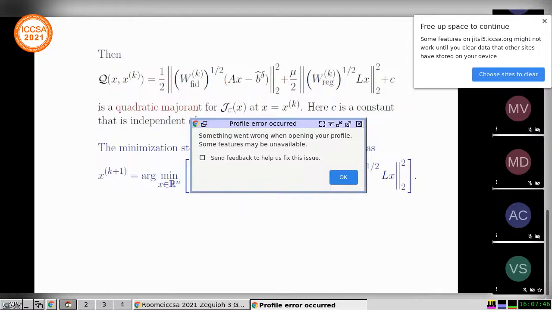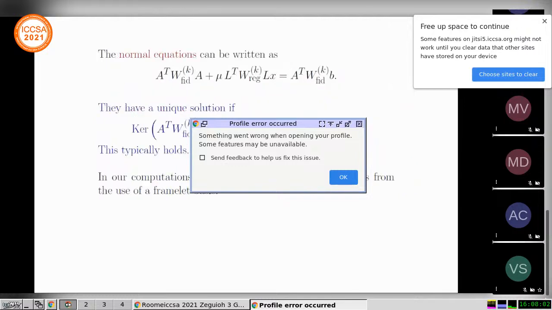There is an issue here, though. A is a huge matrix, and we don't really want to solve these problems because they are too large. So we will actually look for the solution only in a subspace. But first, we have to look at the normal equations, which are on the next slide. And here they are.